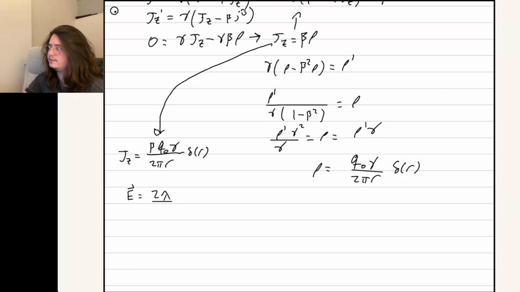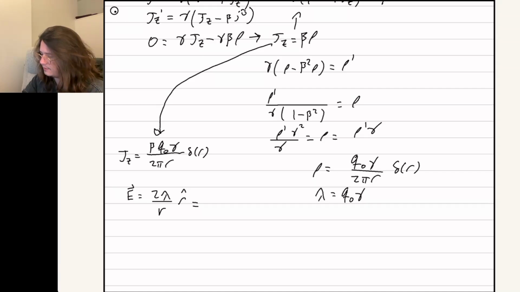So you take 2 times the linear charge density, divide by r, multiply by r hat. That's how you do line charge densities. It's just that the line charge density in the laboratory frame is now just equal to q naught gamma.